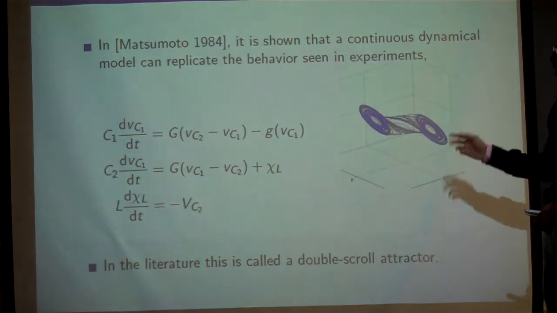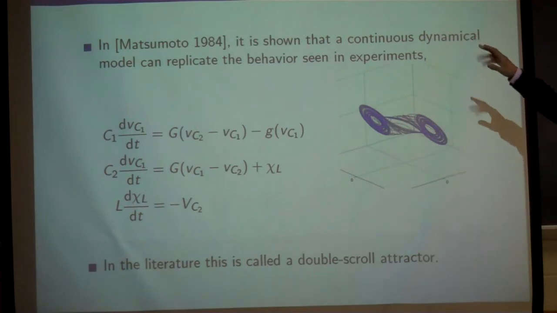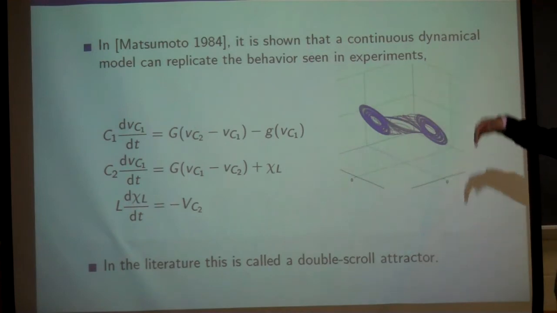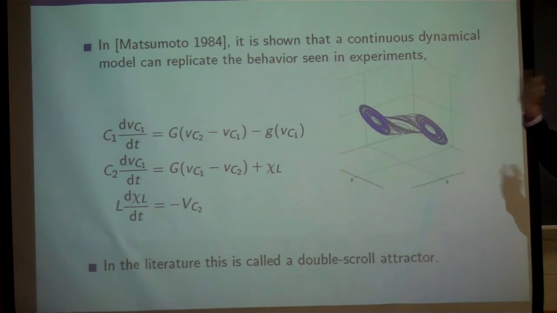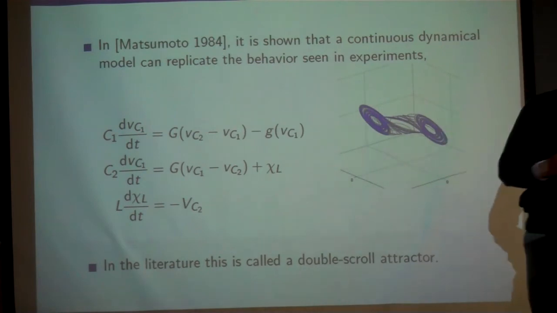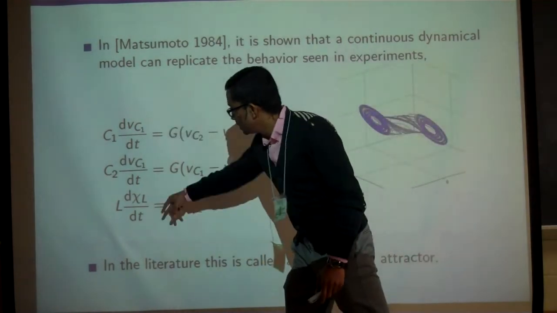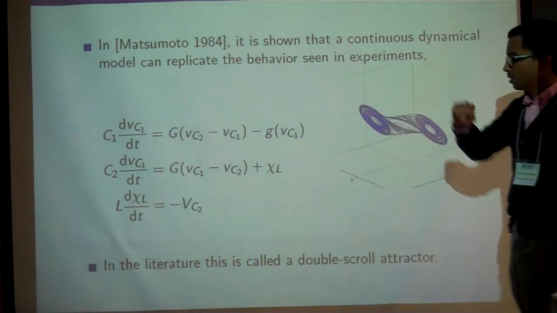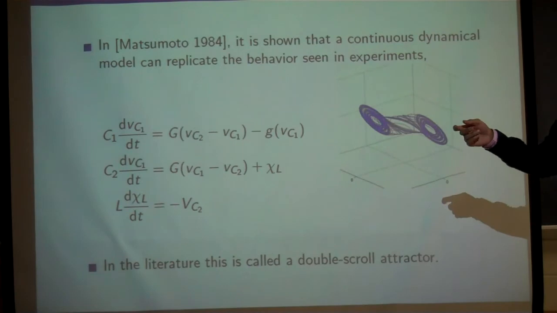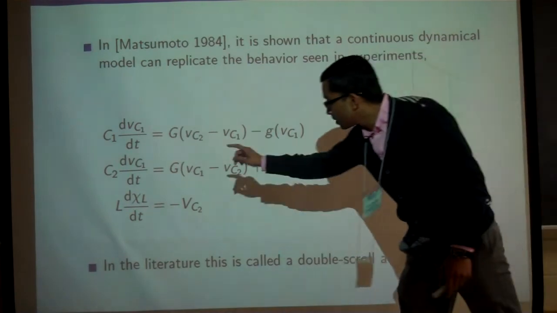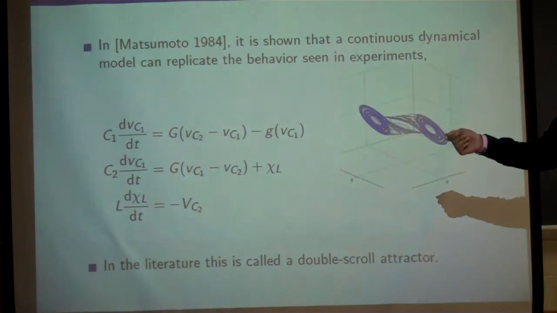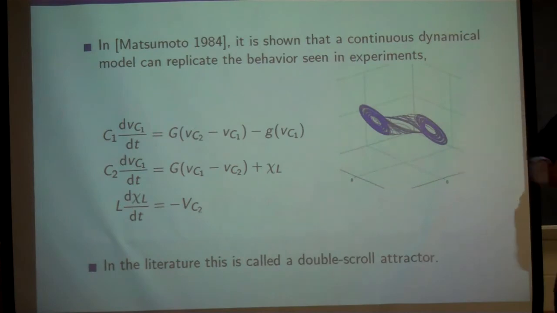And a year later, Matsumoto came up with a model, a continuous dynamical model for this system that replicated the behavior quite well. Here he uses 3 ODEs. The first two are the voltages for the capacitors, and the last one is the current for the inductor.